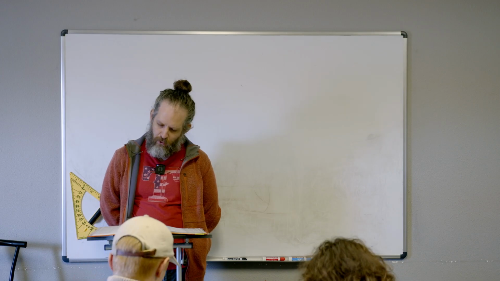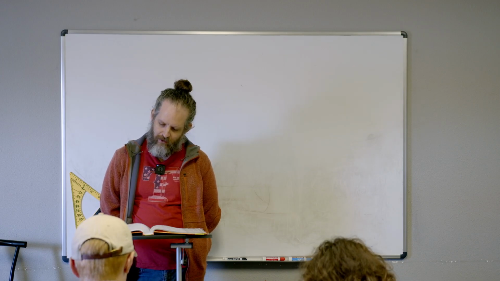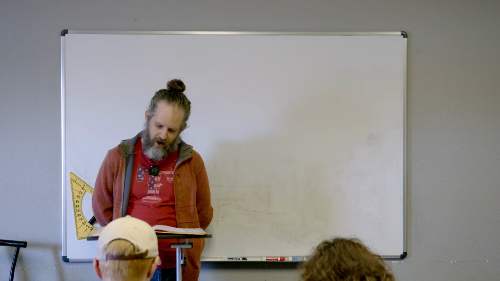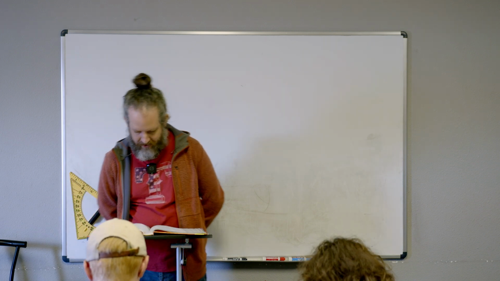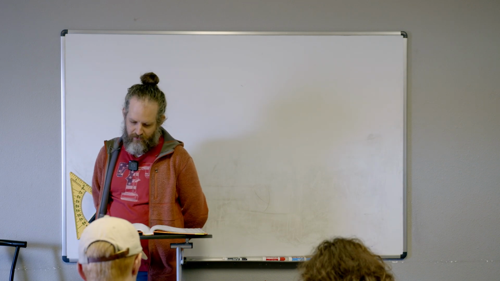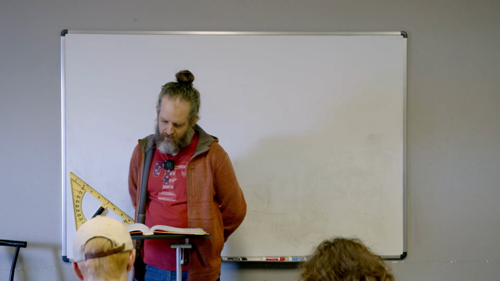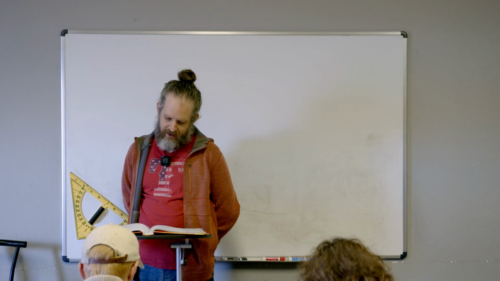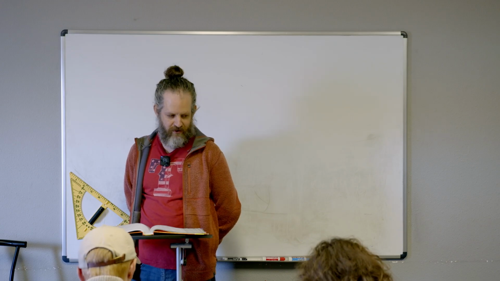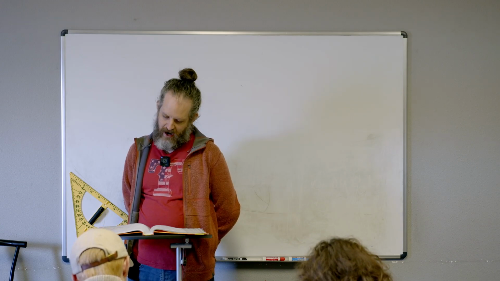Number 44 is the square root of 1 minus x squared. Number 46 is the square root of 1 minus x squared all over 1 minus x squared. And 48 is the square root of 1 minus x squared over x.